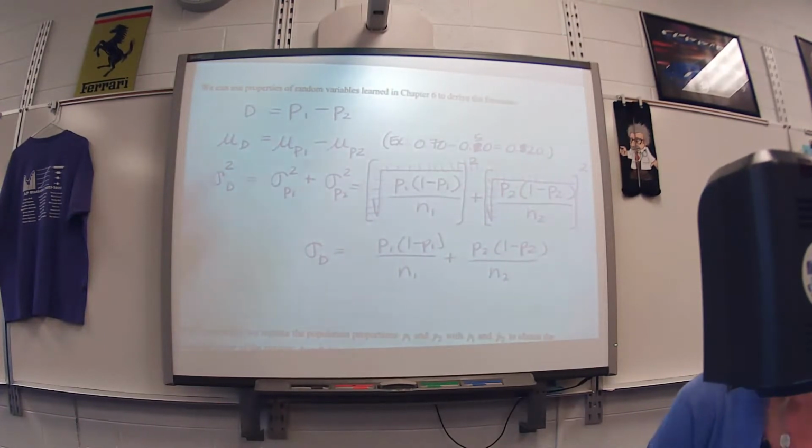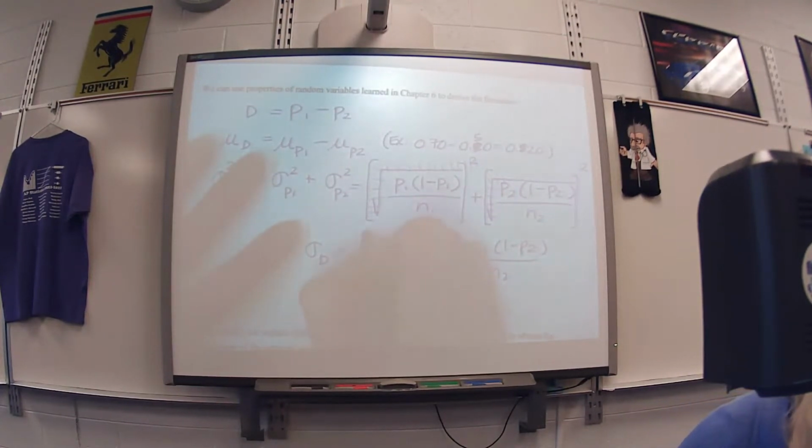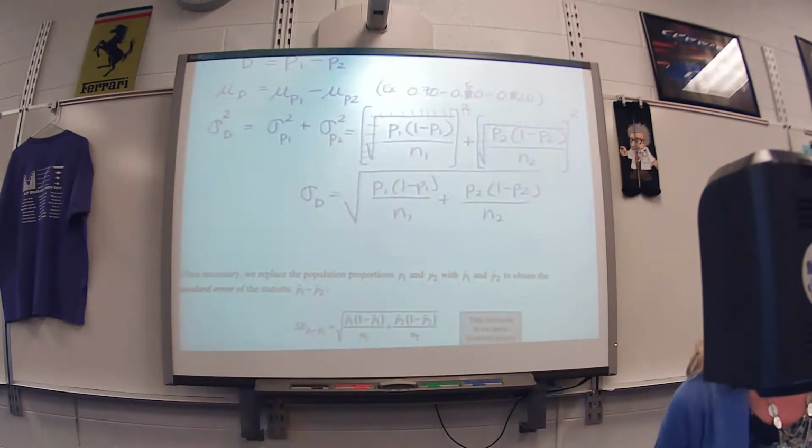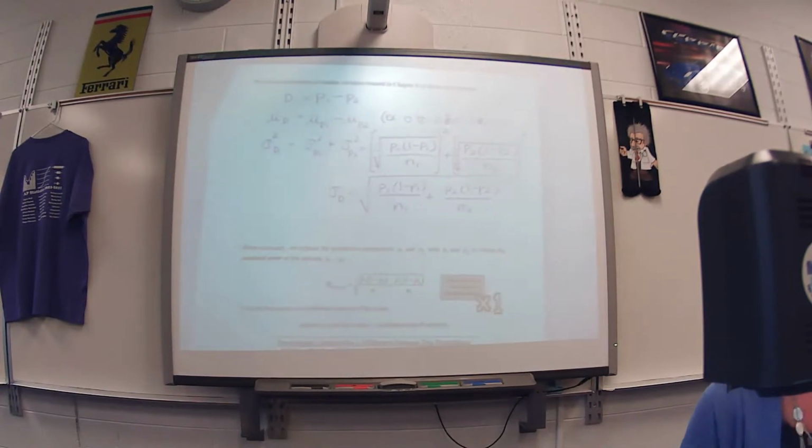So now when I take the square root, it goes over the whole thing. And you can't break those apart because square roots and addition don't work like that. That is literally your formula.